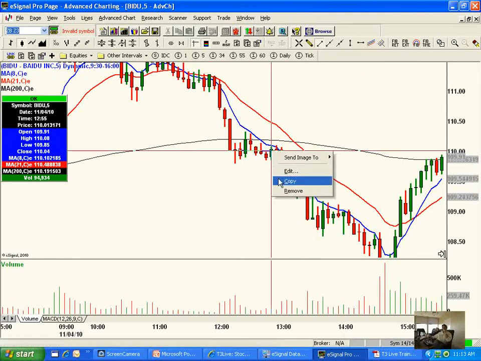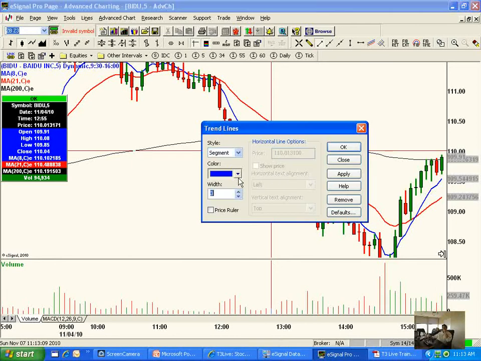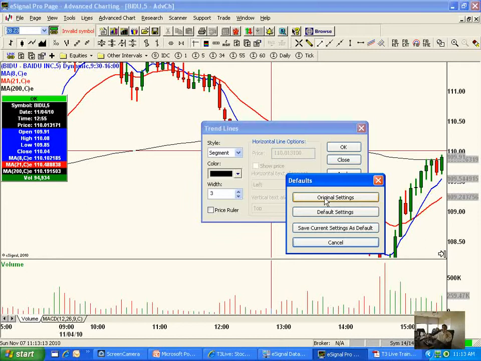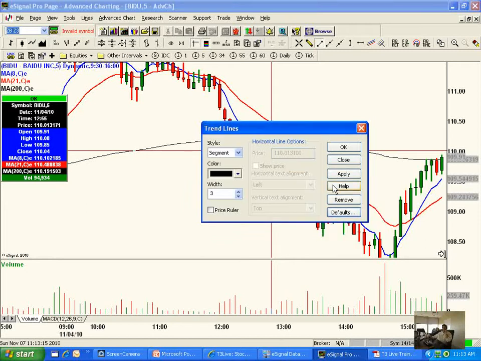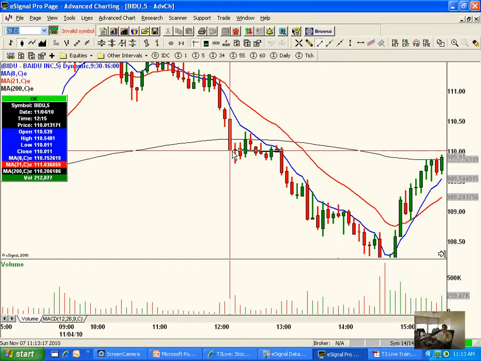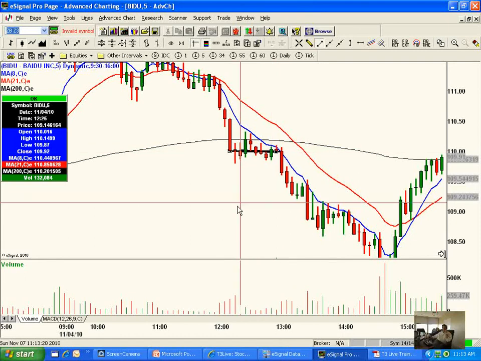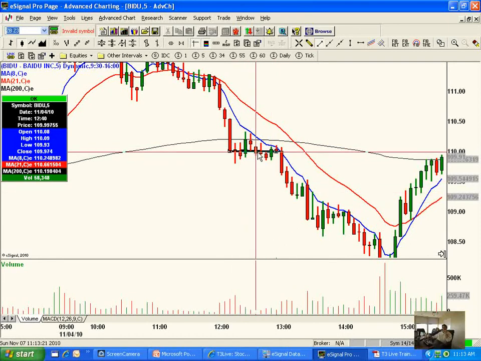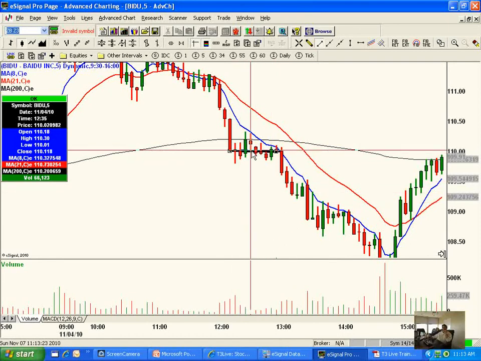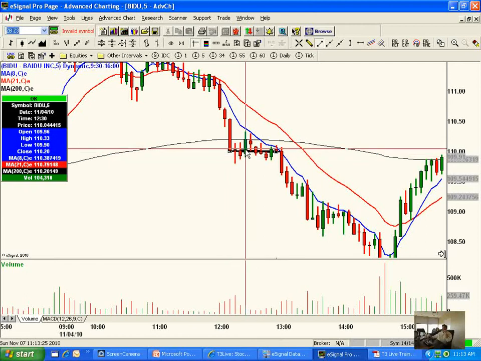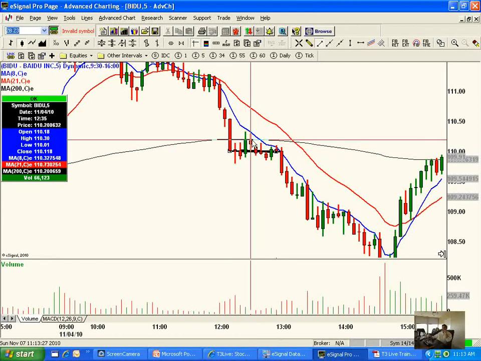I'm going to make this darker. Right here is where I enter this trade. When this bar takes out this bar's low, I have a snapback into a moving average, tail down. This bar takes out that low.